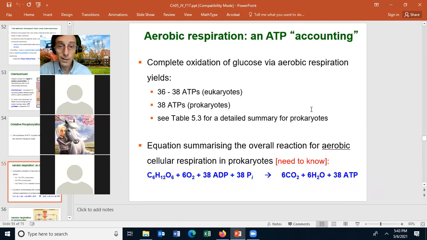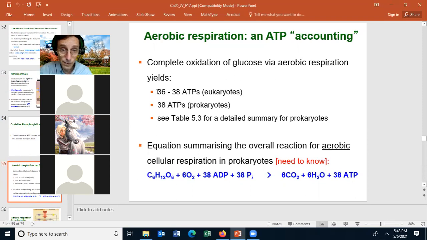So in aerobic respiration, the making of ATP from glucose, glucose is completely oxidized into CO2 via aerobic respiration, and we generate 36 to 38 ATP molecules per molecule of glucose in eukaryotes.